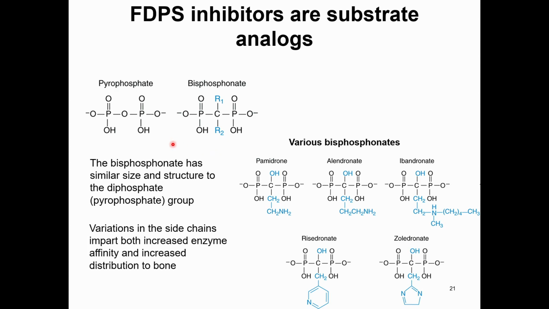It's a fake, it's a mimic, and it's a substrate analog. And so here are a number of different drugs. They're all bisphosphonates, and you can see that they have a carbon atom between the phosphates instead of an oxygen, and that things are linked up to them. But these are all substrate analogs because they look very similar to pyrophosphate or diphosphate, whatever you want to call it. So again, it's a resemblance.